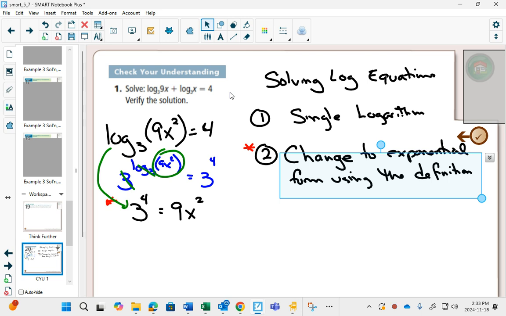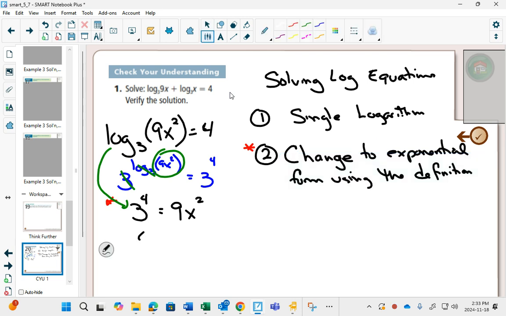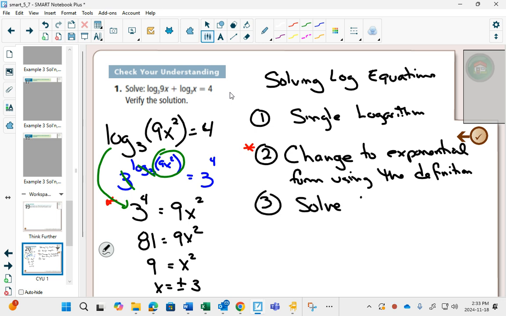But once you've done that, now this is quite solvable. 3 to the 4th is 81. I can divide by 9, x squared equals 9, square root both sides. Don't forget the plus or minus. So step 3 is, once we change it, it's just really easy to solve for x.